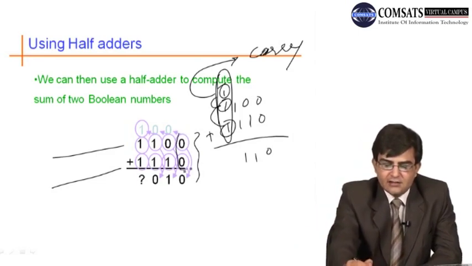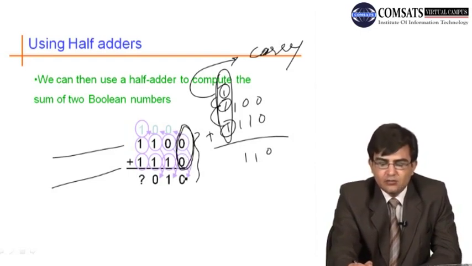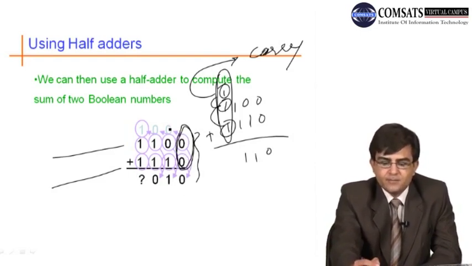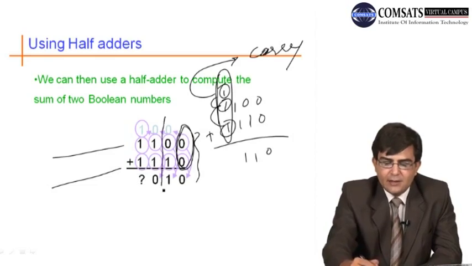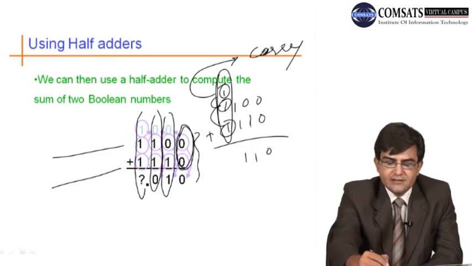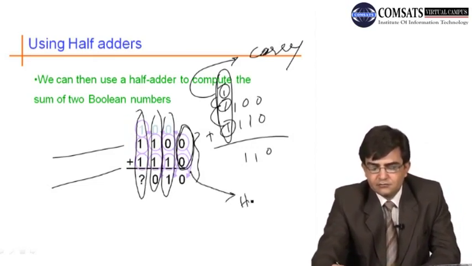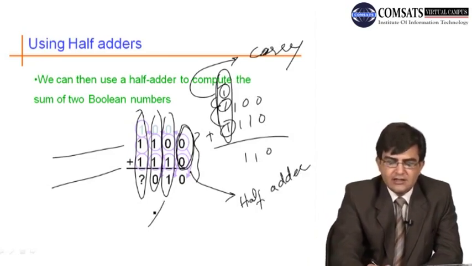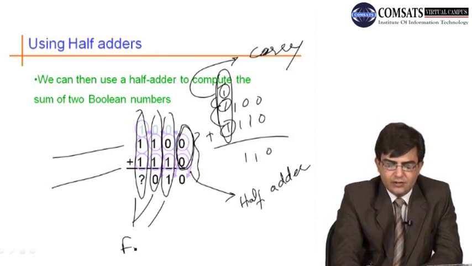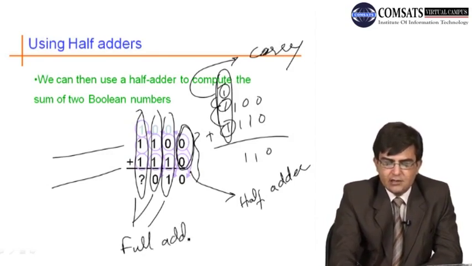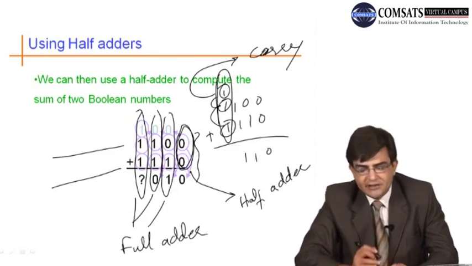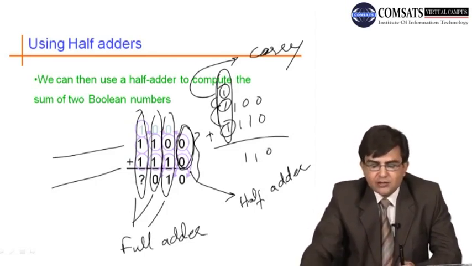At the first step we use a half adder circuit, and then we get sum and carry here. Then at each following step we need a full adder circuit to add up 3 binary digits. For the first case we use a half adder, and for the remaining cases we use full adder circuits.